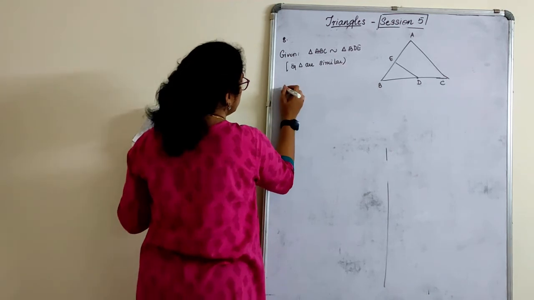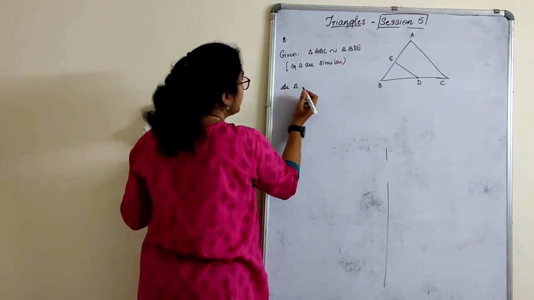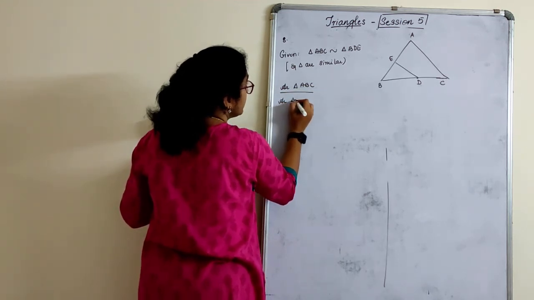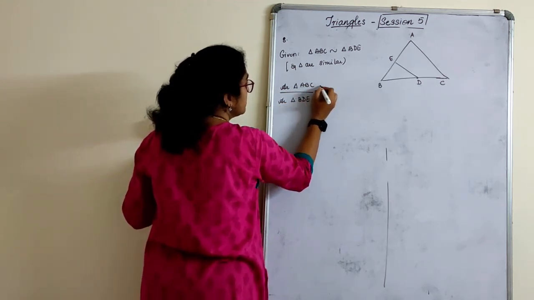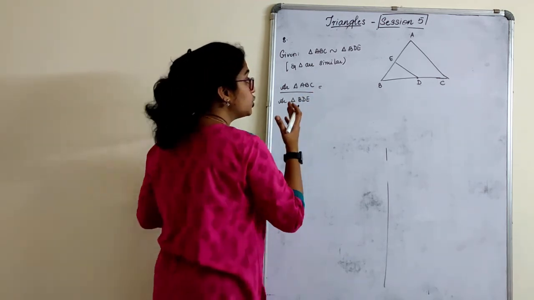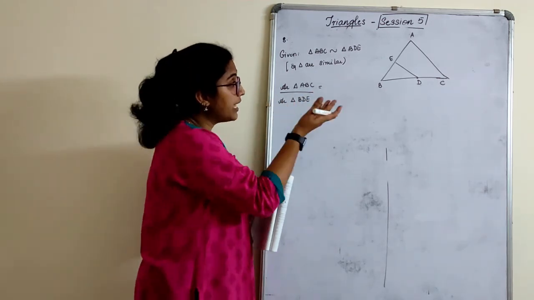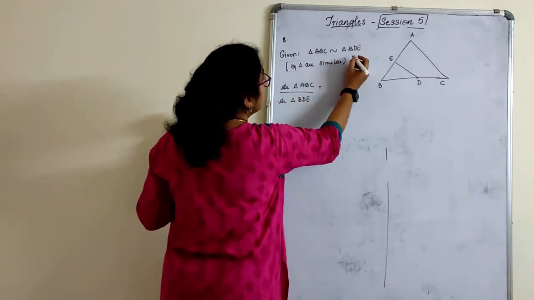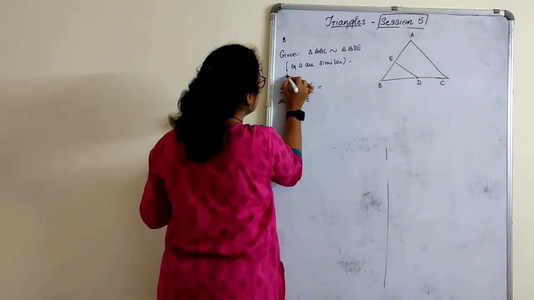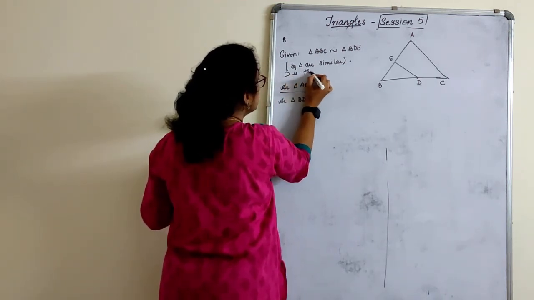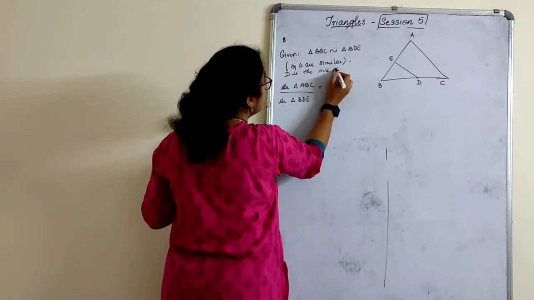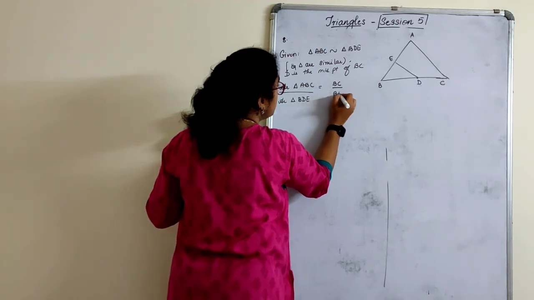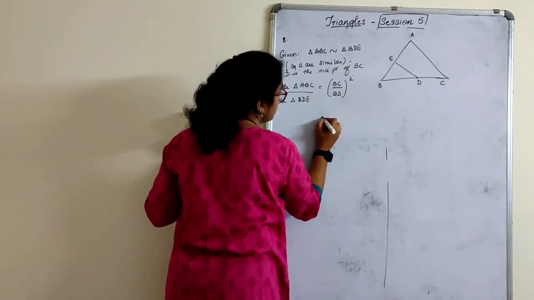Next, since they are similar, area of triangle ABC to area of triangle BDE is equal to the squares of the proportional sides. Choose the side such that it is shared by both triangles, along with what is mentioned here, children, D is the midpoint of BC. It is equal to BC upon BD whole square.